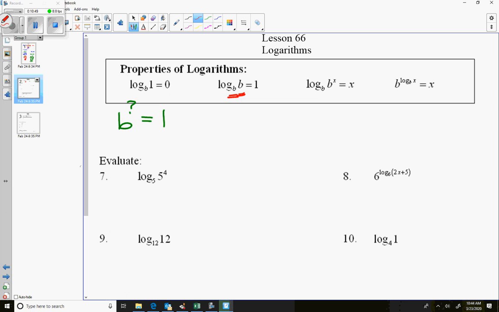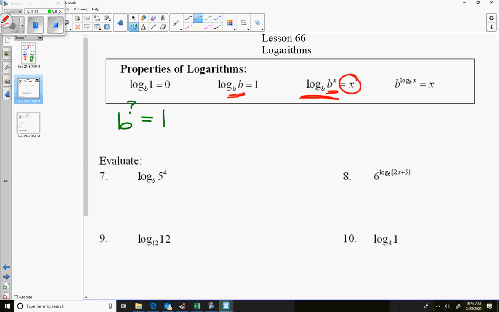When you do inverse operations, you always cancel each other out. So, for this one, I have an exponential within the logarithm. They both have a base b. So the log base b and the exponential base b cancel, leaving us with just x.